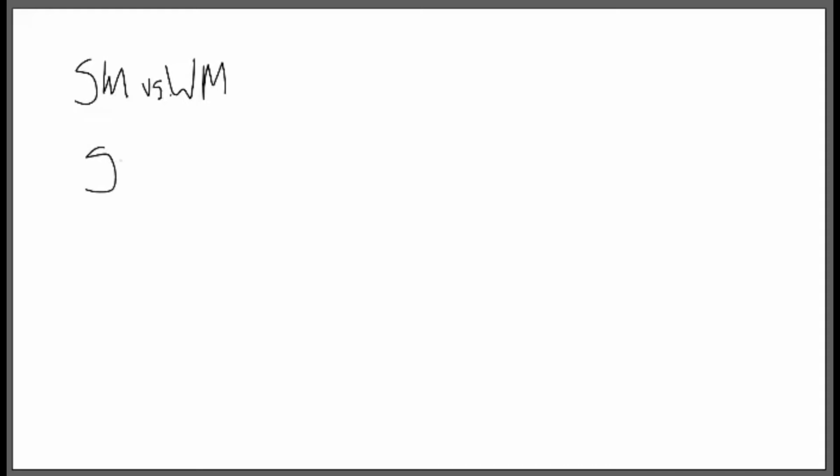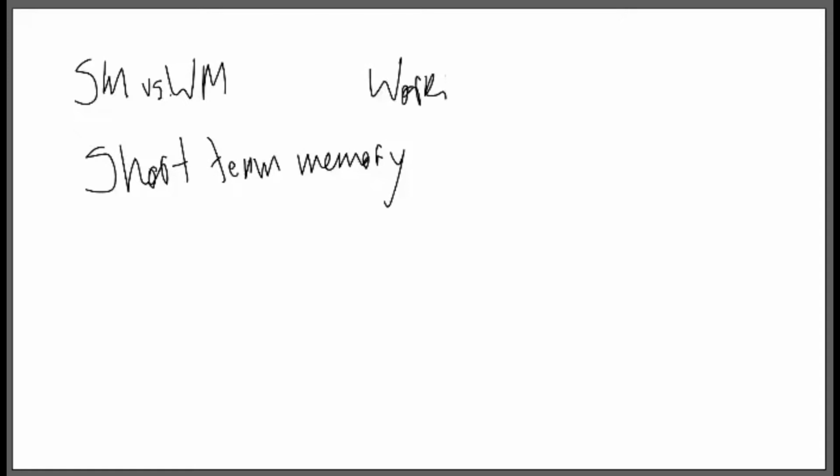Short-term memory, I'm pretty sure everybody knows what it is, but let's go over it really quickly, and then I'll explain why there's a difference between that and working memory. Short-term memory is usually how most people are told that it's 7 plus or minus 2 items that they can remember.